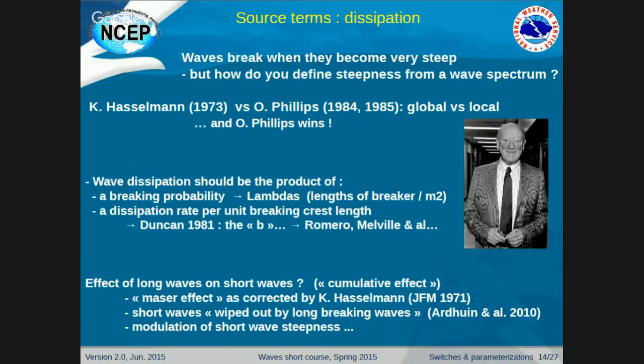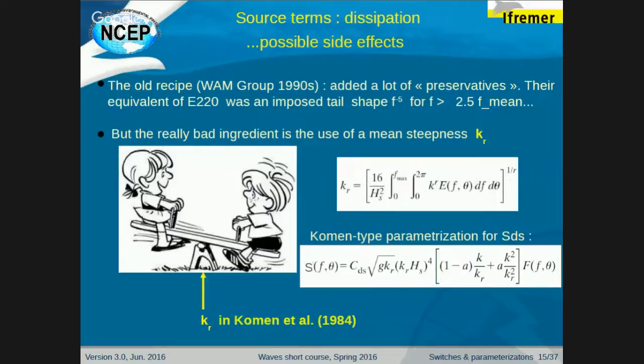So that's the way it should be, and just to tell you the way it should not be and is still used today at ECMWF. This is the WAM cycle 3, cycle 4. Essentially, it's based on the Hasselmann idea of this mean steepness, which was just an easy thing to compute.